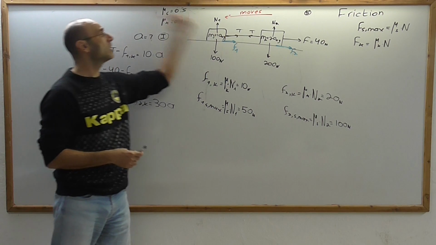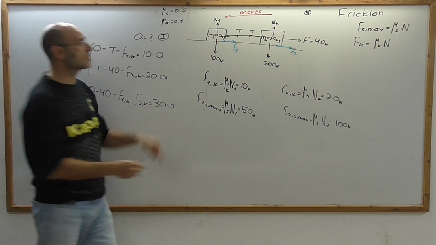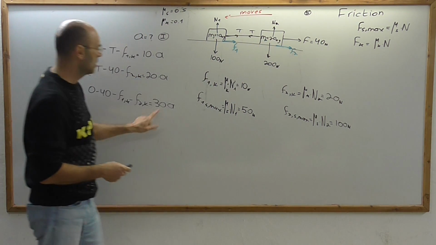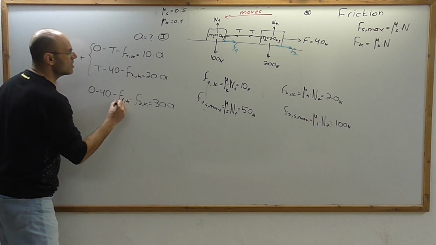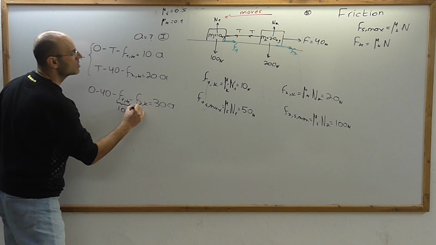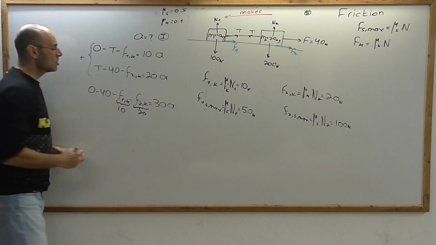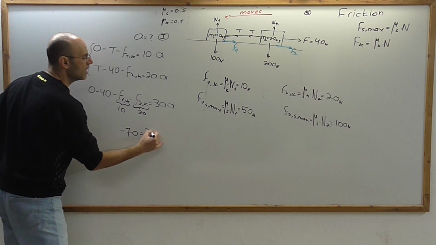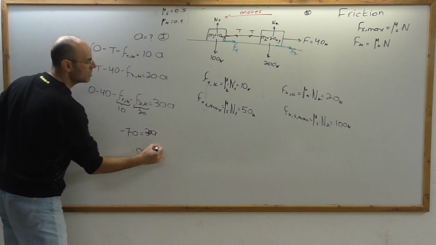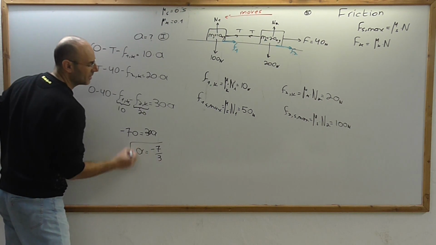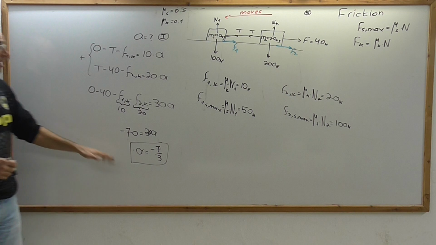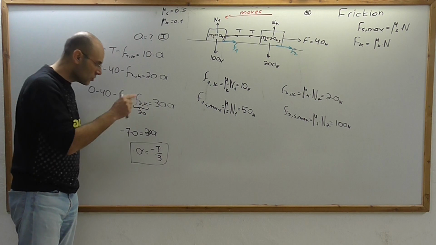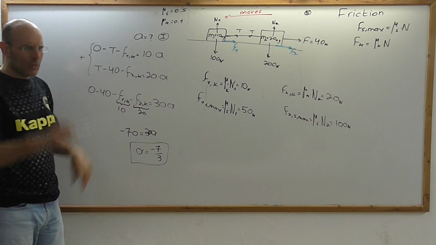I'd say all the pulling forces, which is 0, minus all the external forces, which is that, and that, and that, equals the mass of the system multiplied by the acceleration. This one is 10, this one is 20, so I'll get minus 70 equals 30A. So A equals minus 70 over 30. The minus says that it slows down. Every second the velocity decreases by this number. We'll deal with this later.